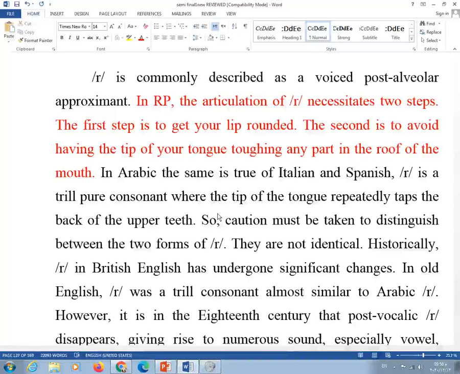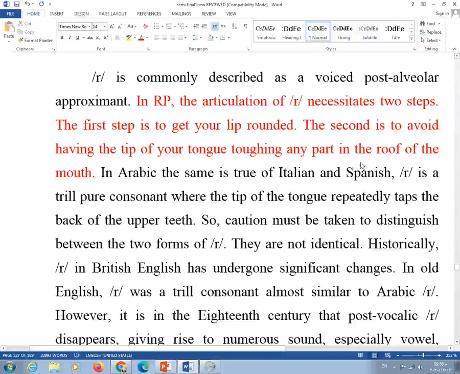So we have to note this difference, and to say it the English way, by doing these two important steps. The first step again is to get your lips rounded, and the second is to avoid having the tip of your tongue touching any part in the roof of the mouth.